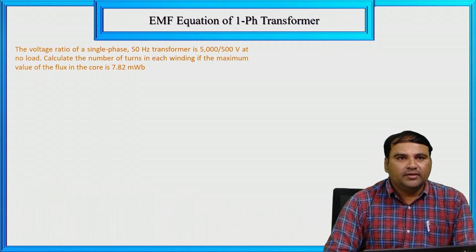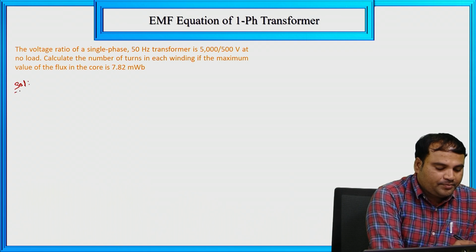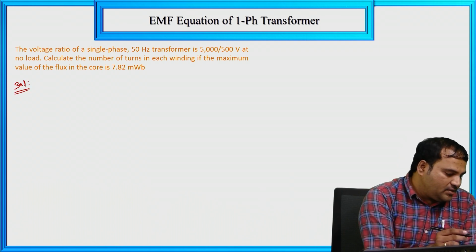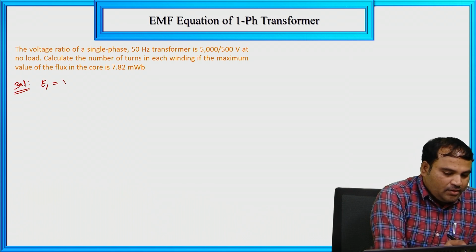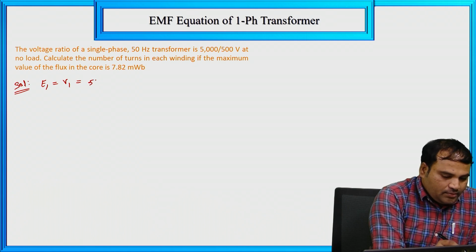So here, first we have to write the given data. The voltage ratio of the single phase transformer, that is E1 or V1, is equal to 5000 volts.